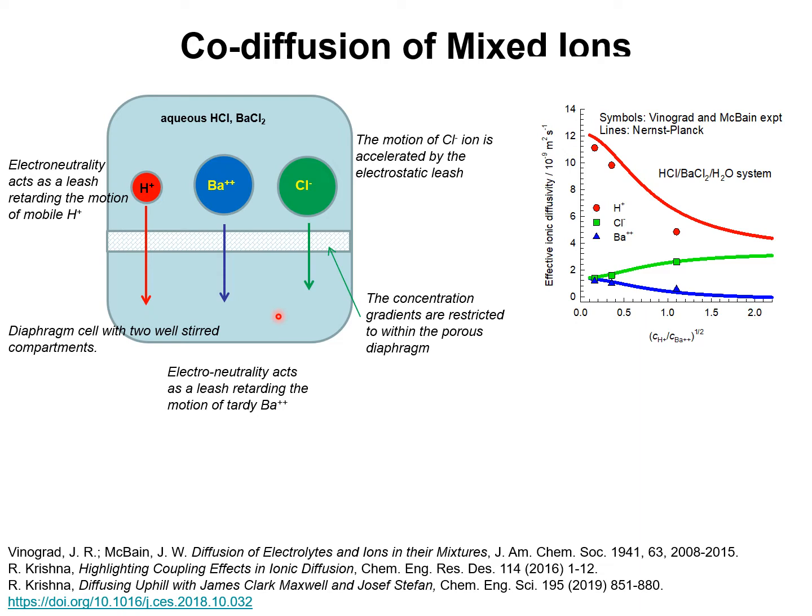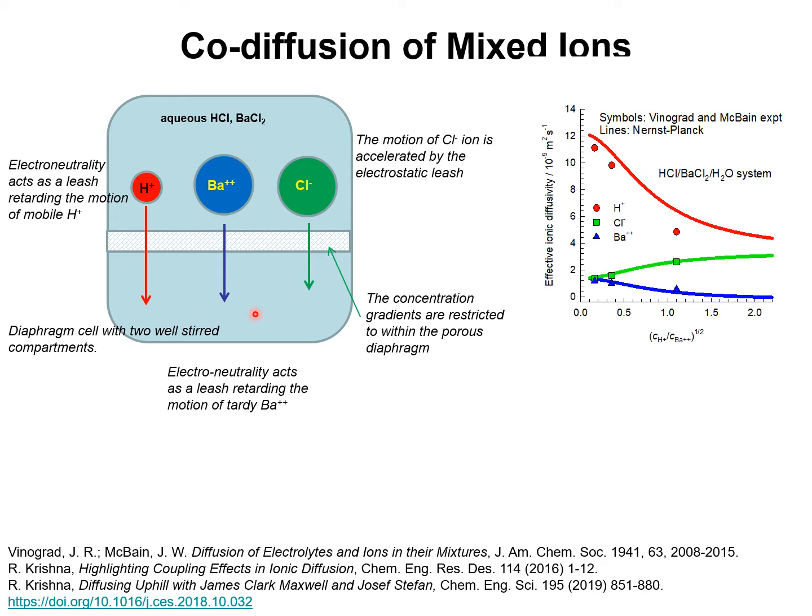A further consequence of the charge imbalance that is engendered by the fast diffusing H+ ion is that the tardier barium 2+ ion is further reduced in its mobility because of the excess of positive charge in the bottom cell.